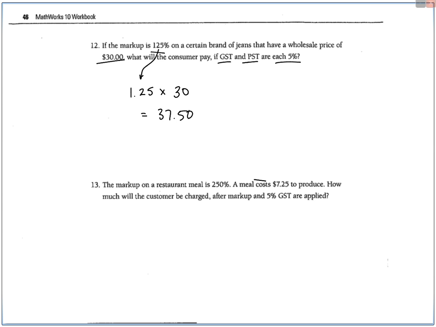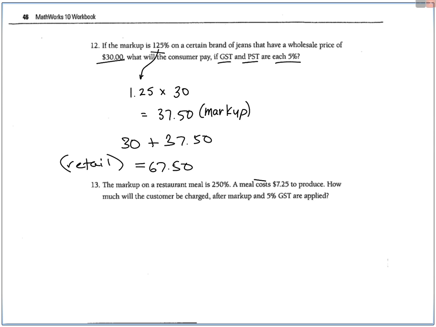So there's the markup. Okay, so just like with taxes, just like markup are the same as taxes, you have to add it back onto the original price. So 30 plus 37.50 is 67.50. This is your retail price.